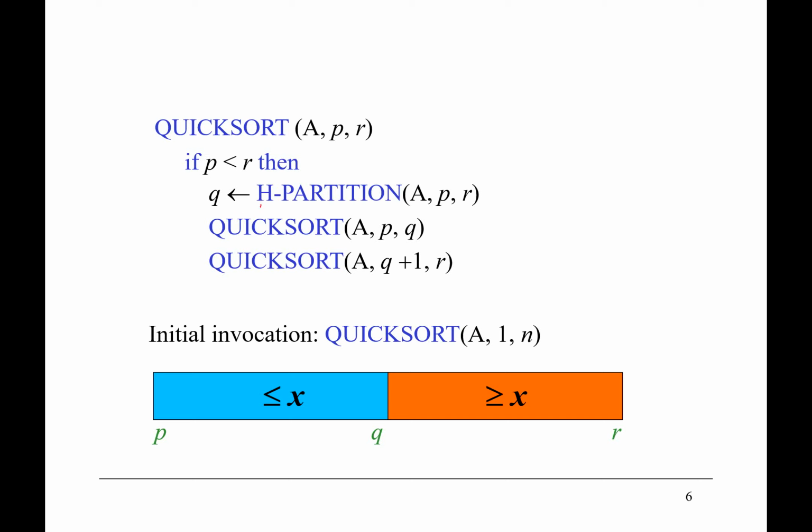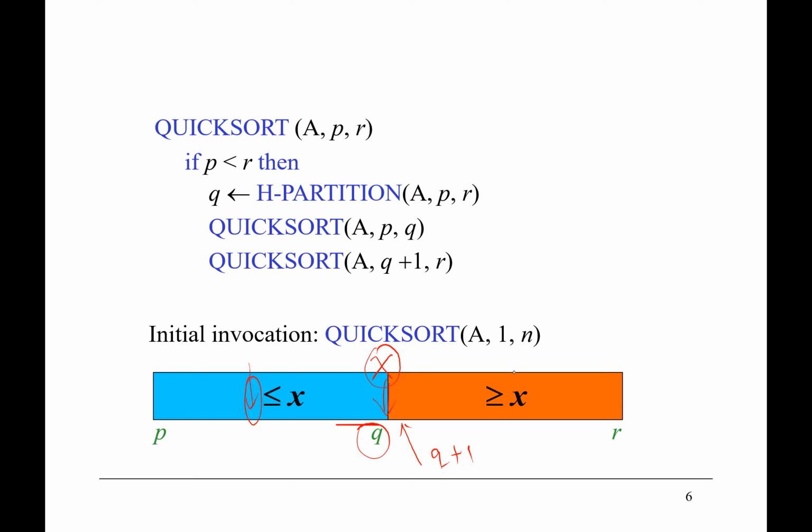At a high level, we use this Hoare partition to retrieve the correct location of this x. Then we use the same procedure to quicksort the subsequence from P through Q, and we use the same quicksort procedure to sort the subsequence from Q plus 1 to R. So we can imagine that every time you place an element in the correct position, you follow the same way.